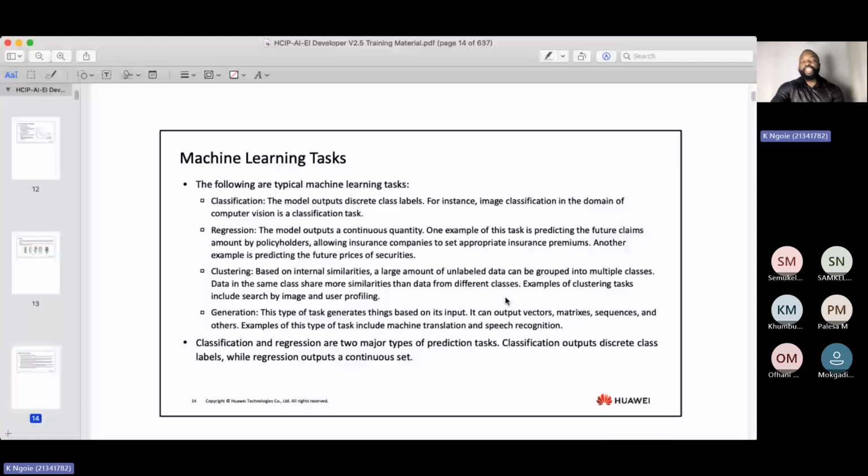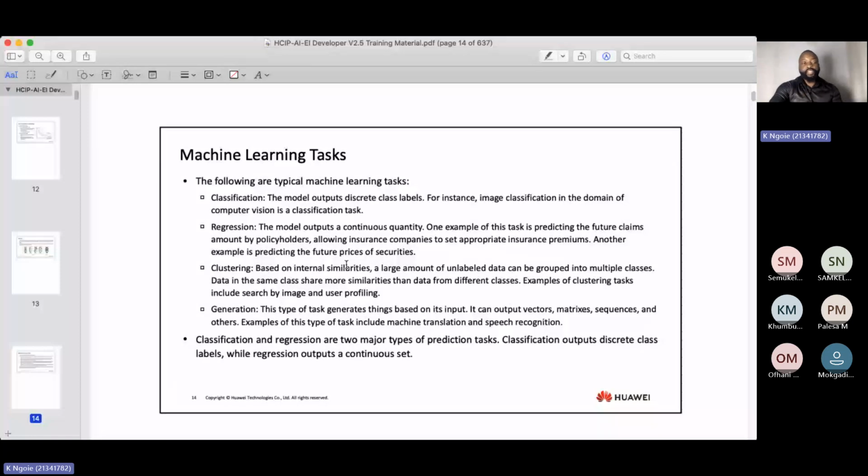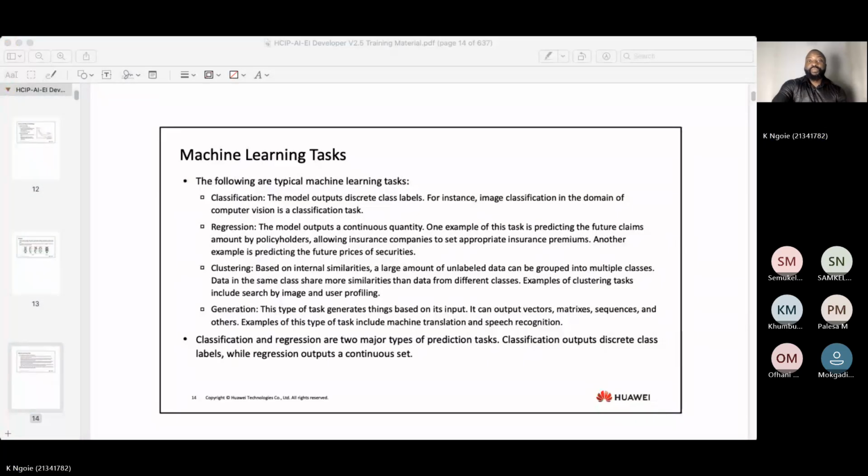So machine learning has three problems that we're solving. You will remember we have a classification problem, a regression problem, and a clustering problem. A classification problem means that whatever problem we are trying to solve, the output of that model is going to be a value that comes from a different class.